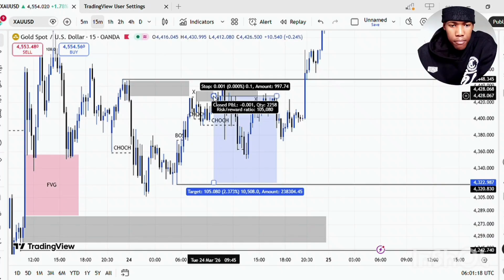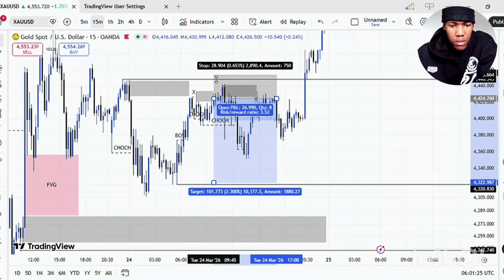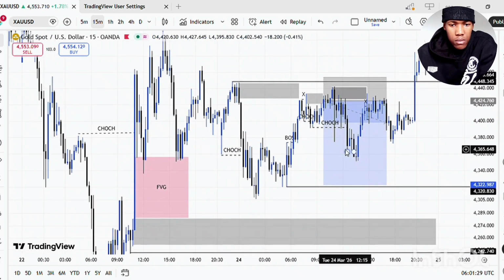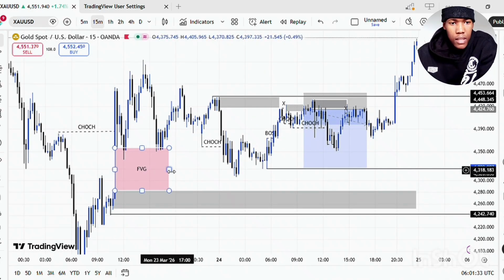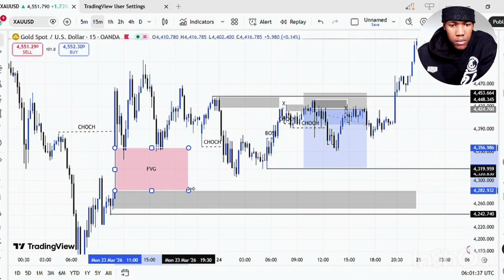This was actually a buy setup trade, but the market reacted off this value gap right here. So yeah, this is what happened. So I'm just gonna have to look for another trade entry for today.